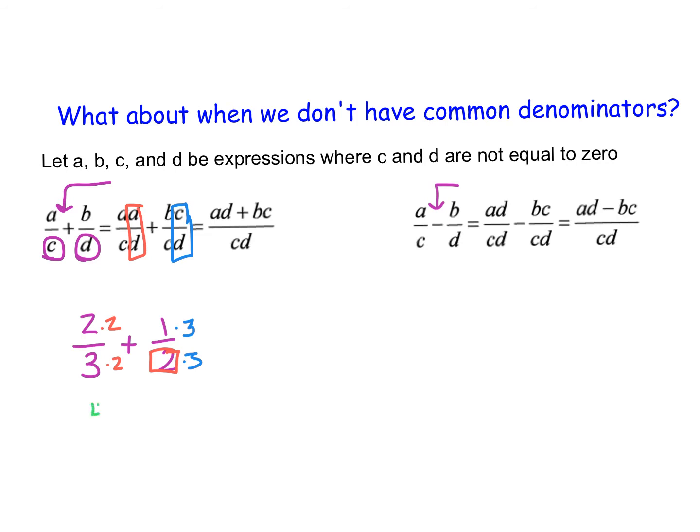So here we end up with 4 over 6 plus we end up with 3 over 6. And essentially what I'm finding is a common denominator for the two fractions by multiplying by those opposite denominators. Now when I have the common denominator, I can simply add it together to get a final answer.